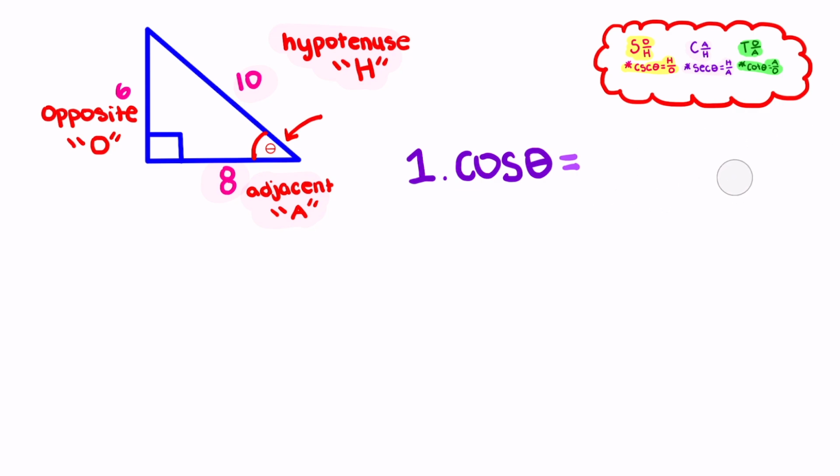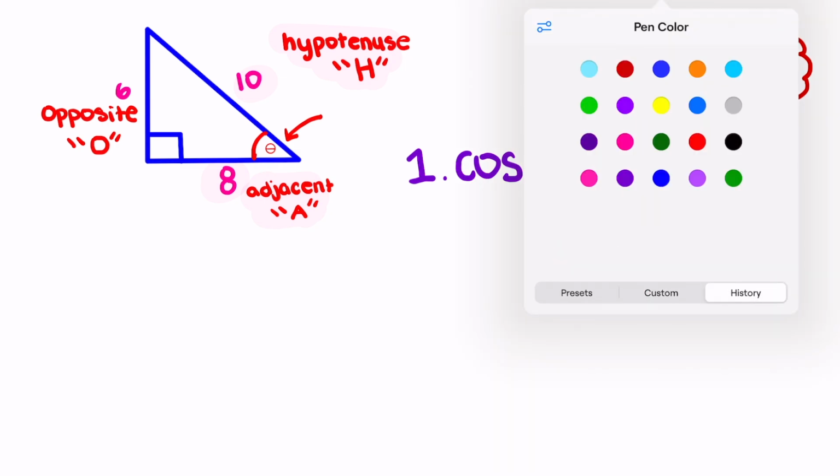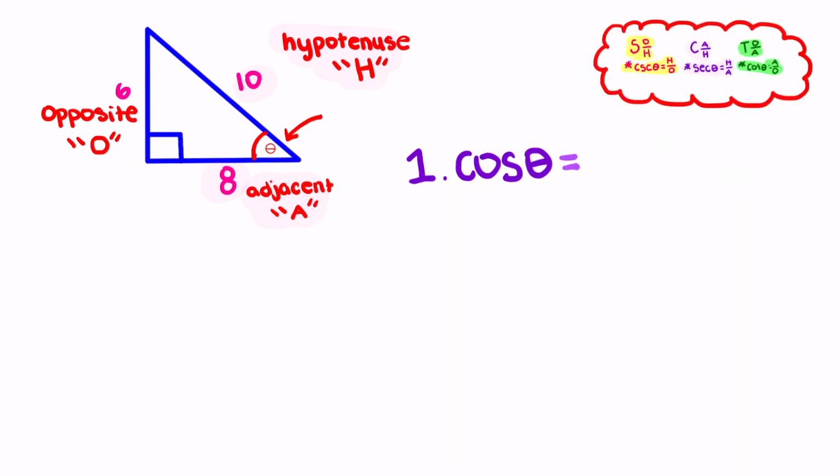Once we have 4 over 5, we know that 4 and 5 do not have a factor in common, so that is a fraction in its simplest form, and that is our final answer, 4 over 5. So 4/5 or 8/10, however you prefer or are required to write it, would be cosine of theta.